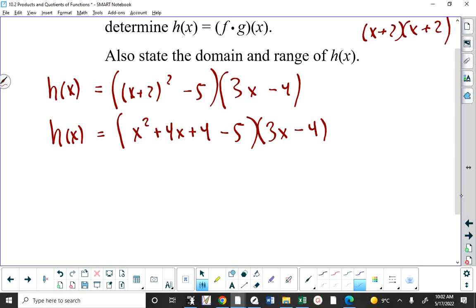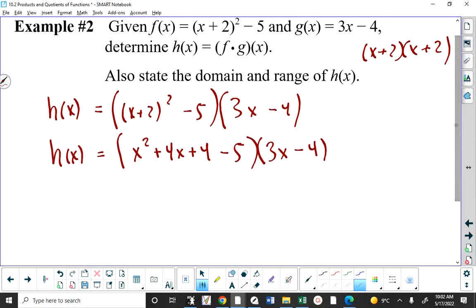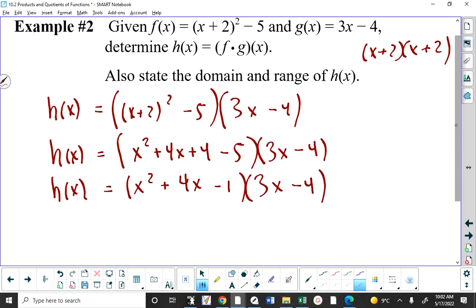Then we have that minus 5. And then we have to multiply by the 3x minus 4. So I'm going to clean up h of x just a little bit. x squared plus 4x minus 1 times 3x minus 4. We okay to that point?